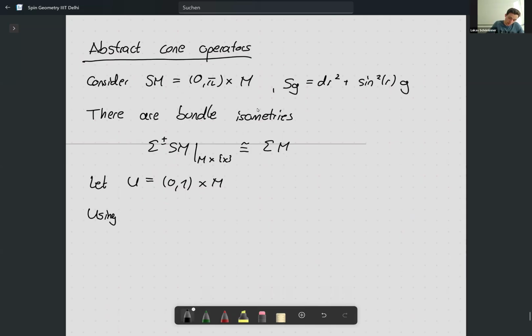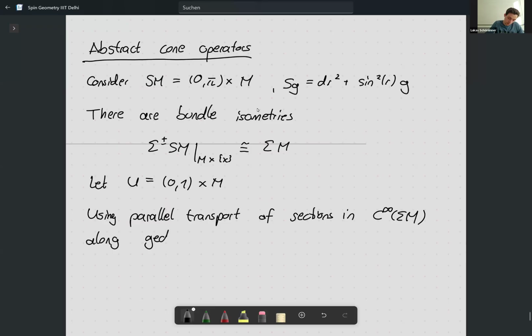And now if you use parallel transport of sections in the spinor bundle of M along your basic lines, the interval 0, 1 times a point in M.